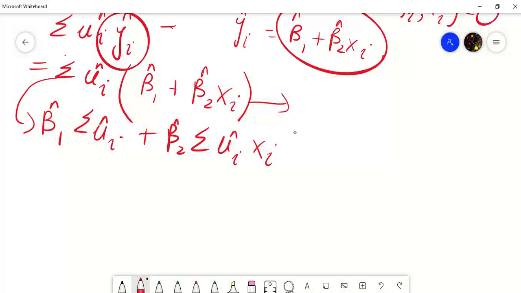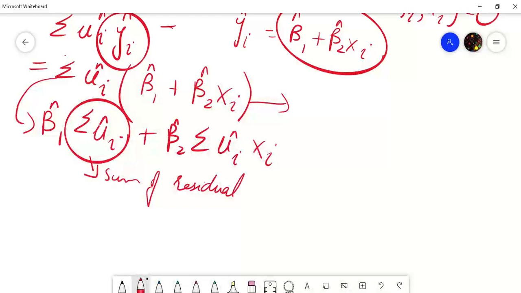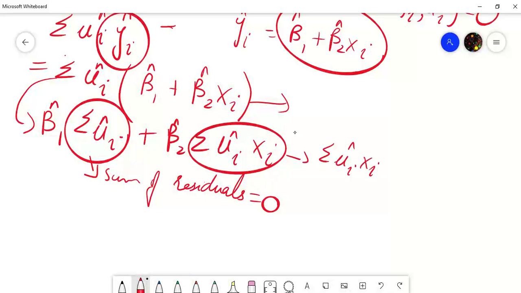If we rearrange this expression, we get this expression over here. Here summation mu I hat, that is the sum of residuals, and we have proved that the sum of residuals is 0, and this is also 0, since we proved in the previous property that summation mu I hat xi is also 0.